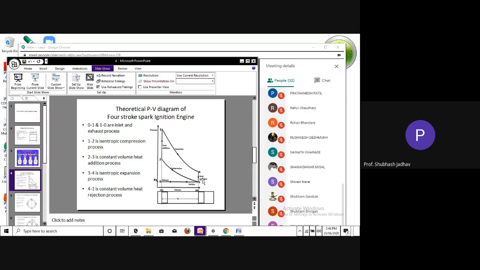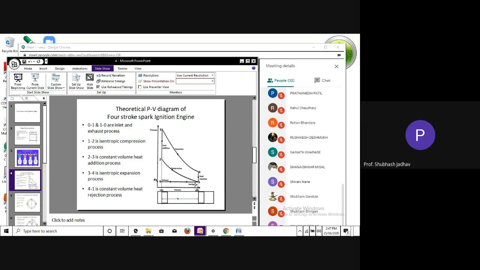Nothing in the engine is happening corresponding to line 4 to 1. There is nothing in the engine happening during the process 4 to 1 where we have written heat rejection process. I hope everybody is getting it, because this is an imaginary process which we have added over here.